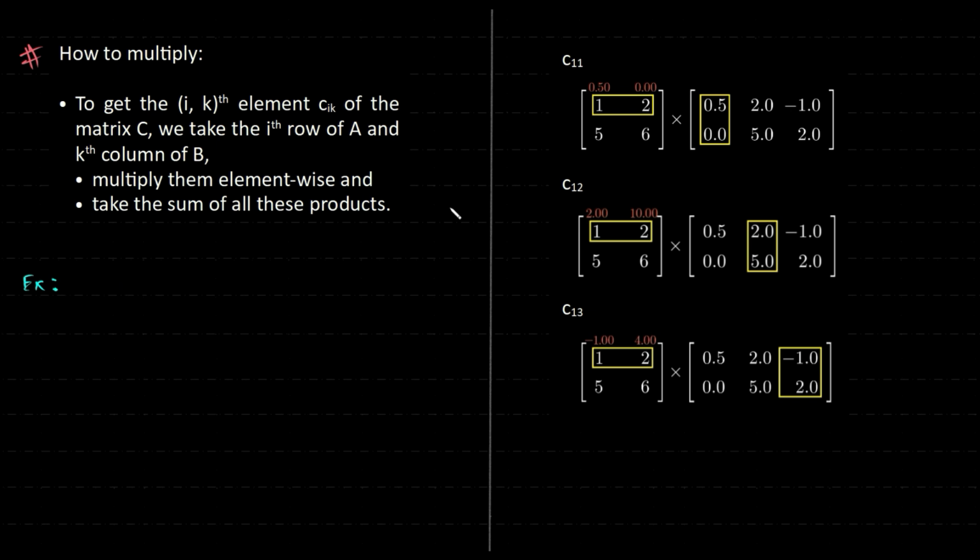We have the matrix A to be 1, 2, 5, 6, and matrix B in this example is 0.5, 0, 2, 5, minus 1 and 2. Now, the resulting matrix will be of dimension 2 rows and 3 columns.